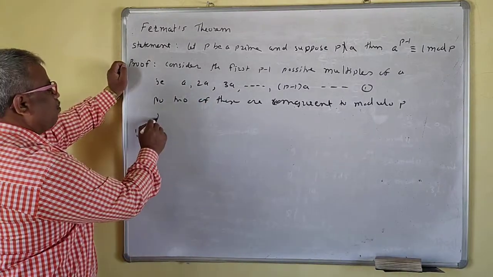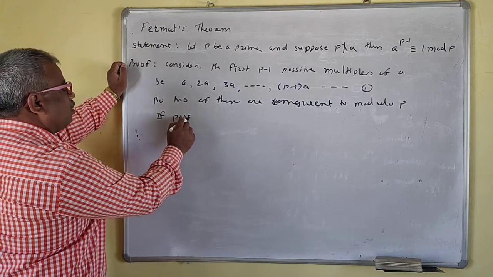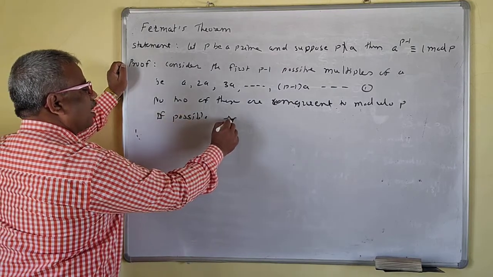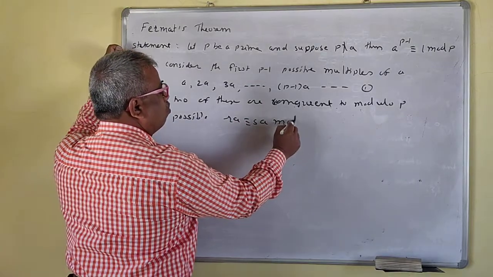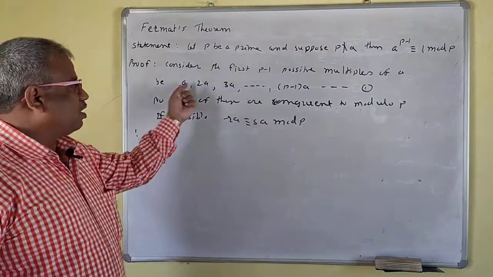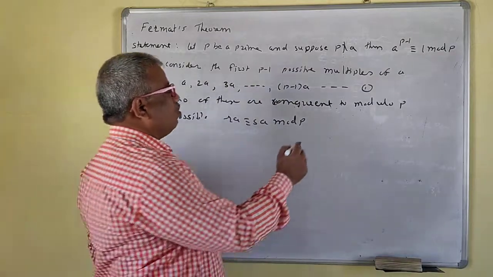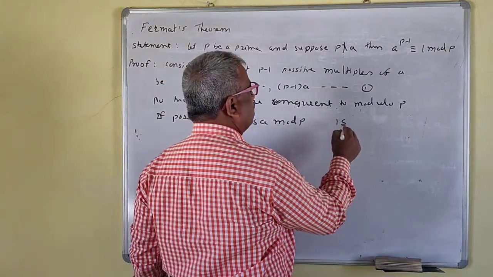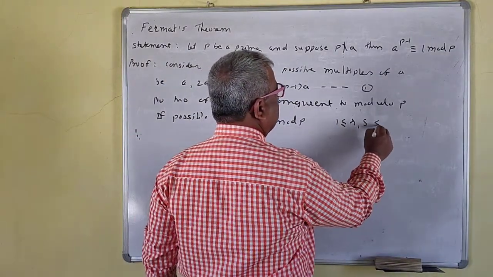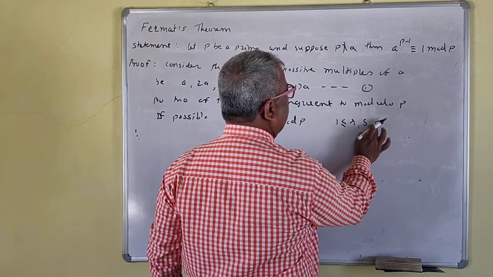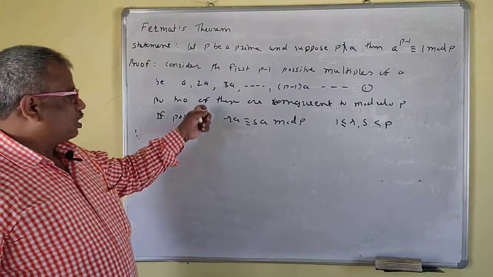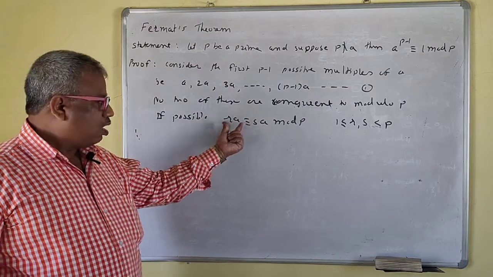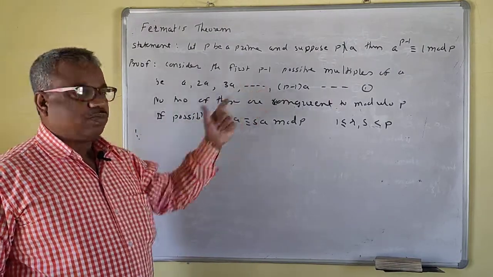Suppose, if possible, ra is congruent to sa modulo p, where 1 less than or equal to r, s strictly less than p. We have taken any two of these numbers from these p minus 1 numbers.